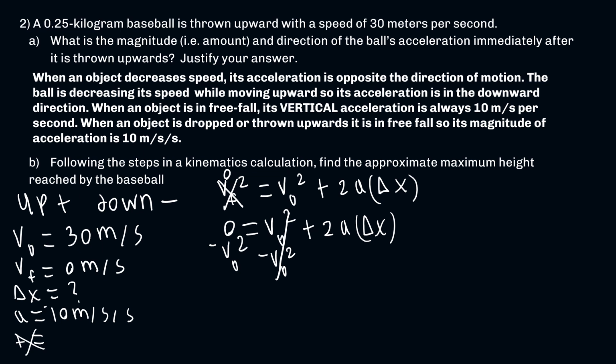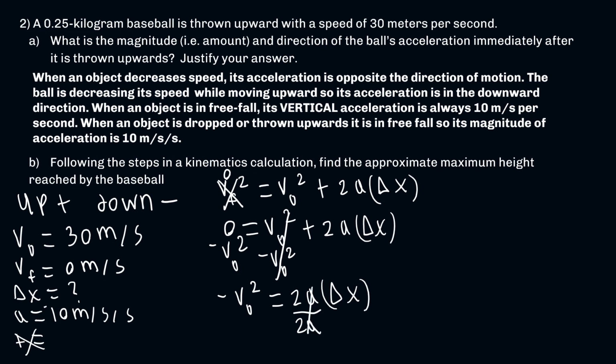So I should have here on the left side negative v naught squared is then going to be equal to 2a times the change in x, or my displacement. So I'm going to do this next step all at once here so we don't run out of room. So 2a times my displacement, multiplication there, so we do the opposite operation and divide out 2a from both sides.